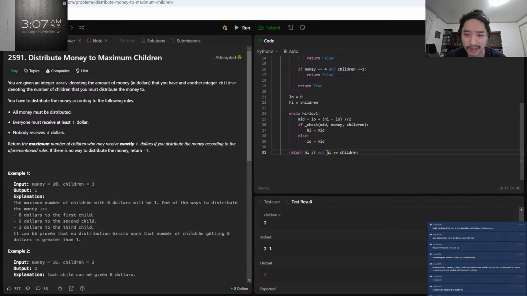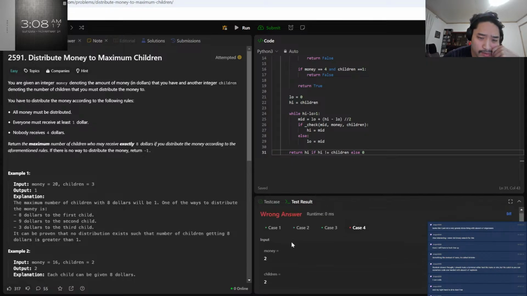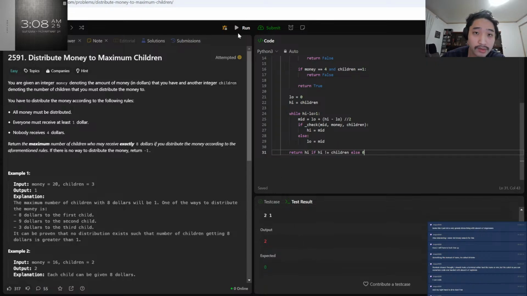Yeah, why did I write it this way? Else -1, I believe, no, 0. No, why 0? No, why did it do it this way? Oh, because it never changed, never mind. And it should return 0. Yeah, now this works.